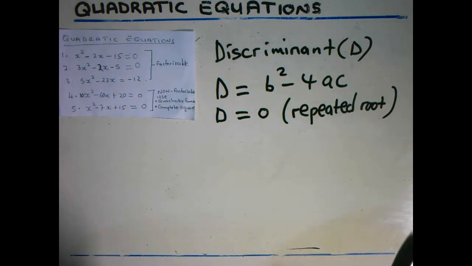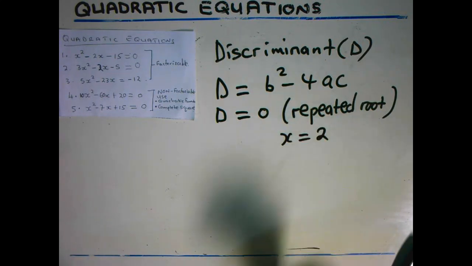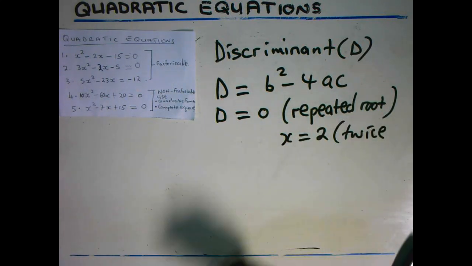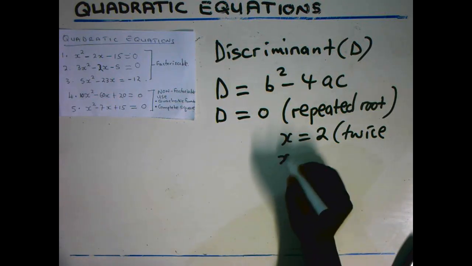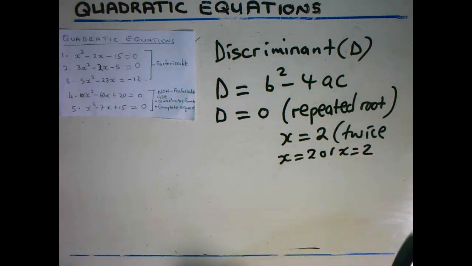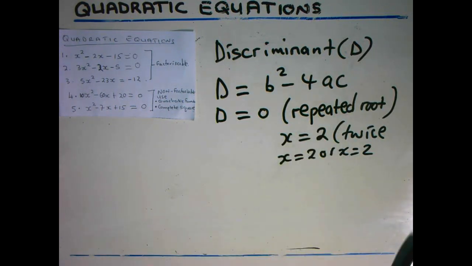You will find one root which is repeated. For example, x is equal to 2 twice. In other words, the solution will be x is equal to 2 or x is equal to 2, but we don't write it like this. We write x is equal to 2 twice, especially when D is equal to 0.